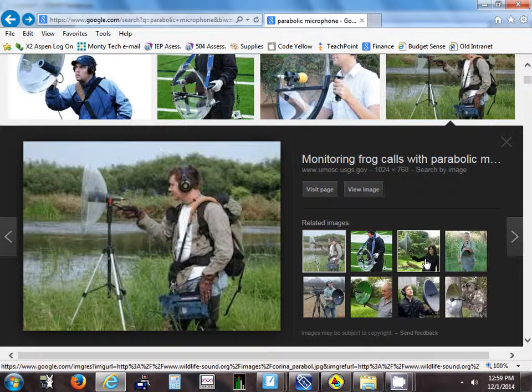So he's probably just using a camera with a microphone on it, I'm not sure. But the dish he has on top of it is a parabolic dish. So all the sound that comes in is going to go right to that microphone, so he can hear things very far away. Kind of concentrates the sound.